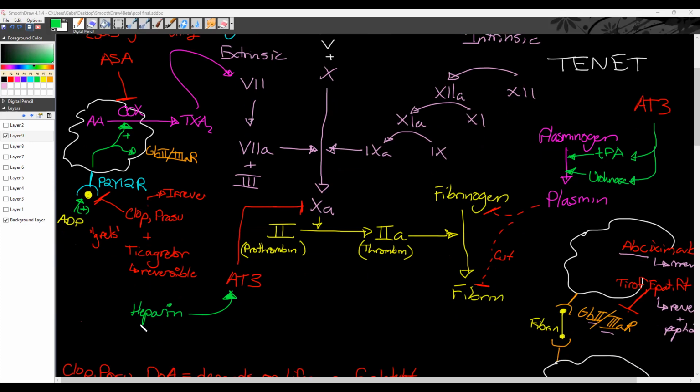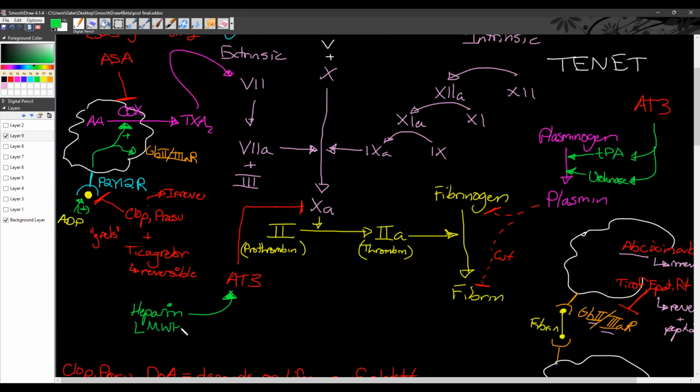Low molecular weight heparin, and then also synthetic heparin, which, as we've gone over, is fondaparinux. Whereas heparin works on factor 10 and 2, low molecular weight only works on factor 10, and synthetic heparin only works on factor 10 as well.